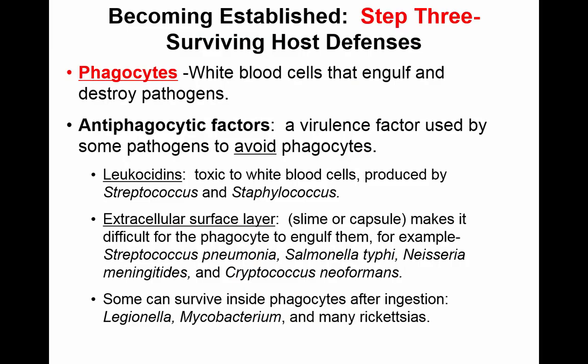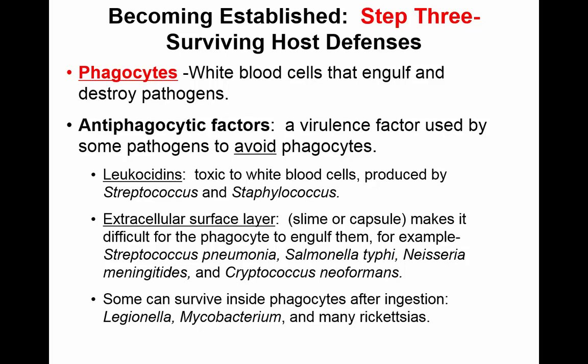And then step 3 is how they survive the host defenses. Most of the time when anything foreign is introduced into your body, our white blood cells will engulf and destroy it by the process of phagocytosis. We've got neutrophils here and macrophages and things like that.